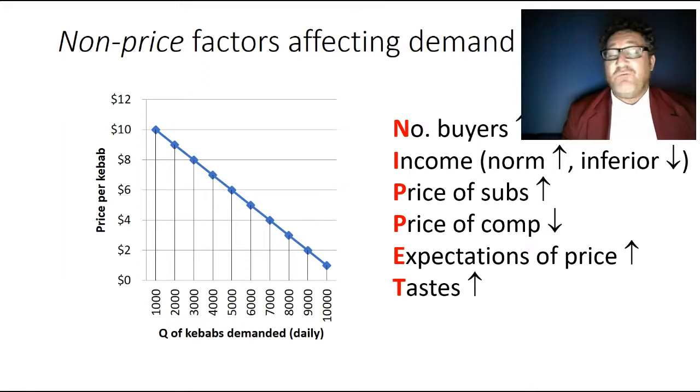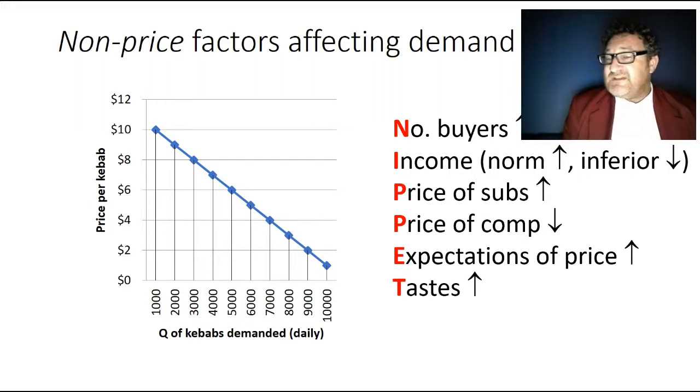If the price of complementary goods, goods that go with the kebab and make the kebab more enjoyable, went down, say the price of hummus or tabbouleh crashed, then presumably people would be willing to buy more kebabs than before, even if the price of kebabs themselves hadn't changed.